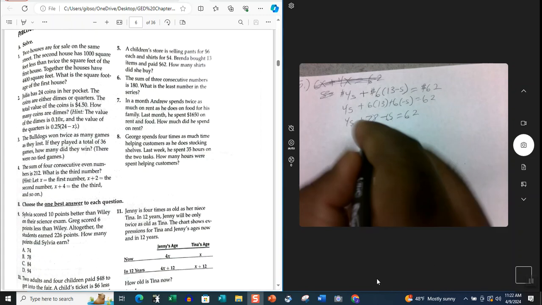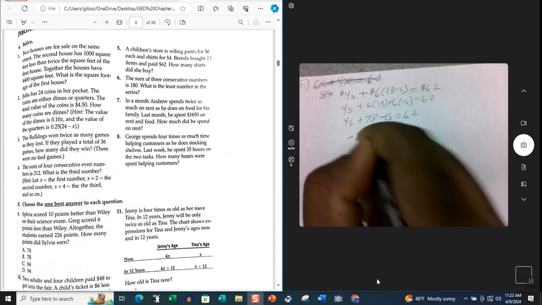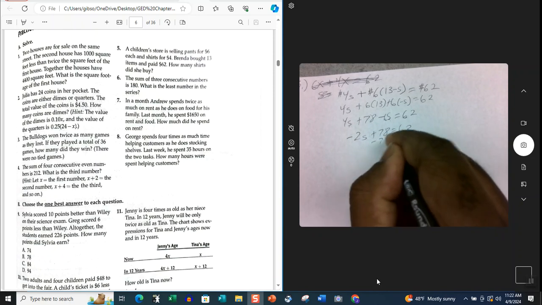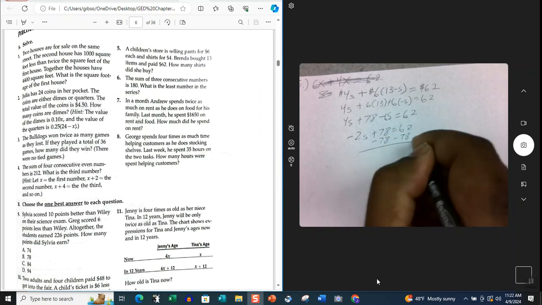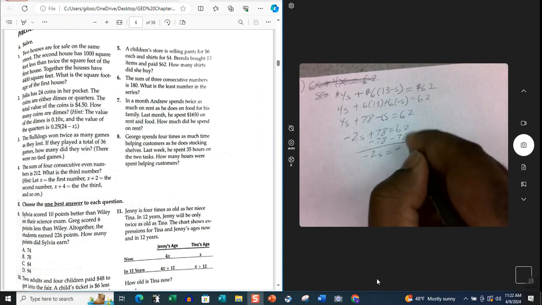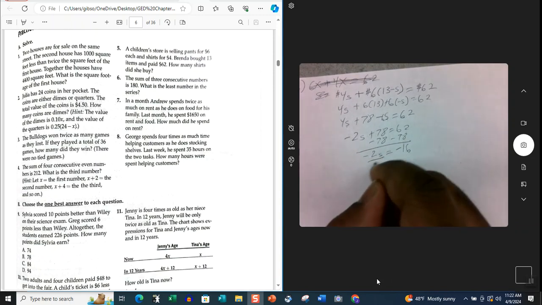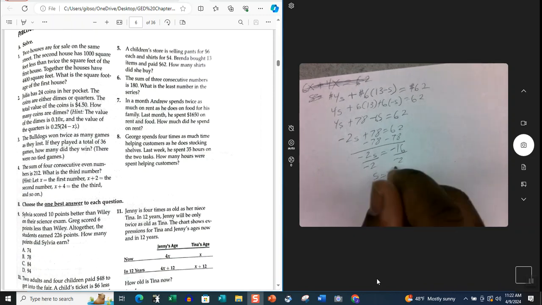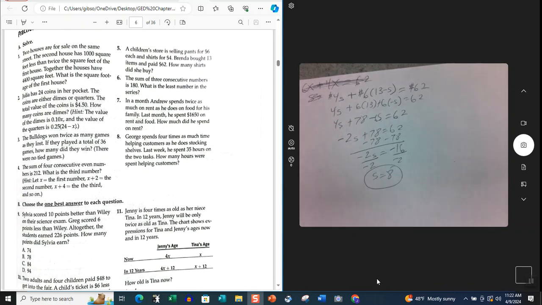Now 4s minus 6s is negative 2s. Plus 78 equals 62. Subtract 78 on both sides, and negative 2s is equal to negative 16. Divide each side by negative 2, and the shirts is 8. So it's 8 shirts, and that's all they wanted for this problem.